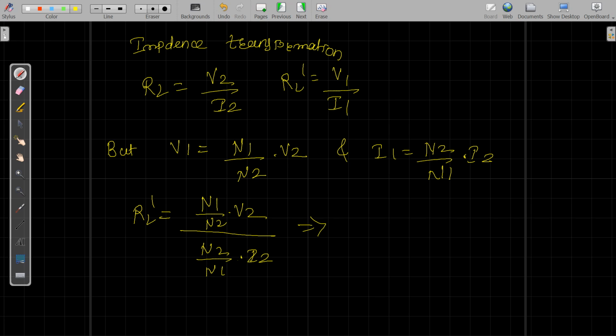So I can rewrite this expression as N1 by N2 whole square into V2 by I2.